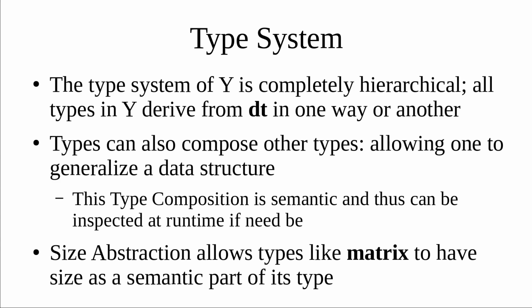And that generalizes how it works. So of course with the array type, each element is indexed, not each byte like you would normally expect from an array, but you can do this with any type. Again, this type of composition is semantic. There is a specific reason for this, and it can be inspected at runtime if you need.